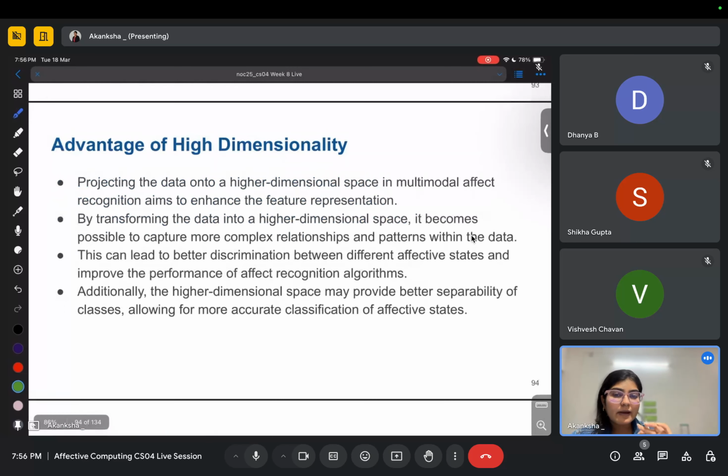The advantage of high dimensionality lies in the fact that it is able to capture more detailed information about the data. It enhances the feature representation, and it becomes possible to capture more complex relationships. Let me give you an example.